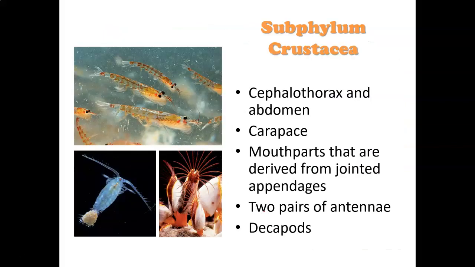So the subgroups, subphyla. First group are the crustaceans. These include things like shrimp, crab, lobsters, all of our delicious friends.